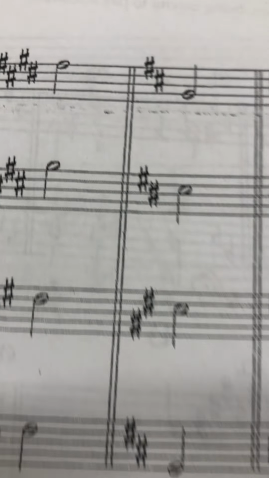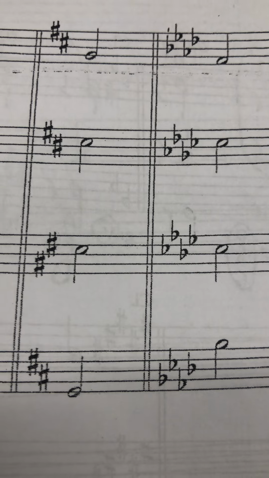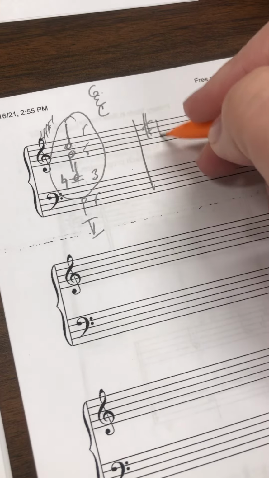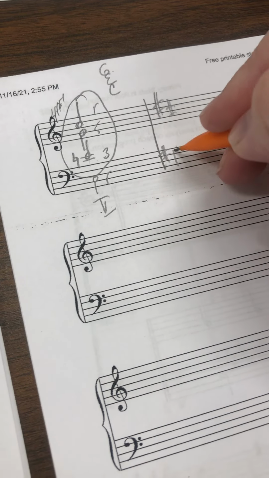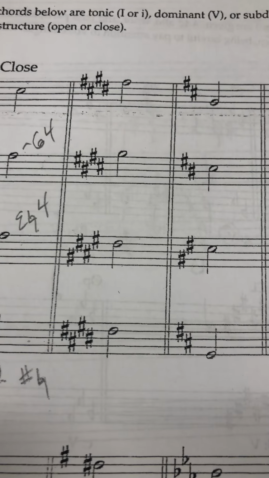Okay, let's go on. We have 2 sharps here. Putting in my little key signature over here, my 4-part voicing. Okay, so let's see what we have. We have an F sharp on the top.